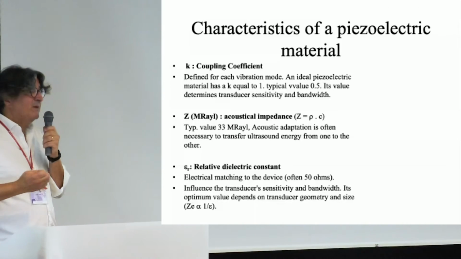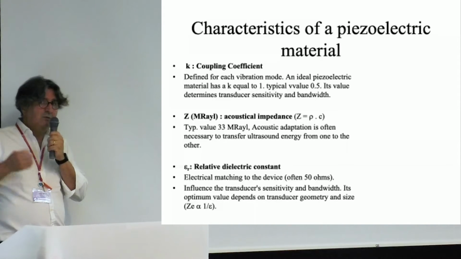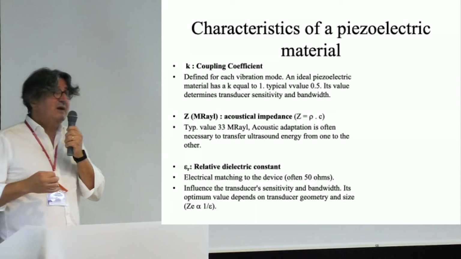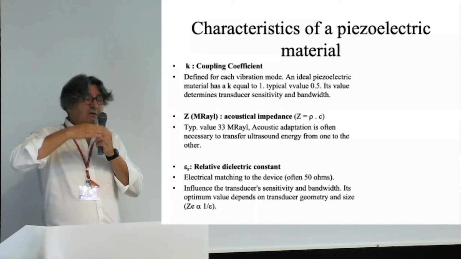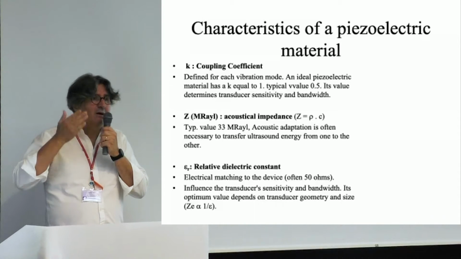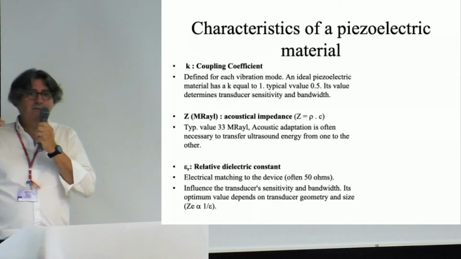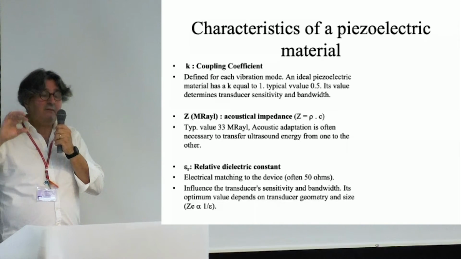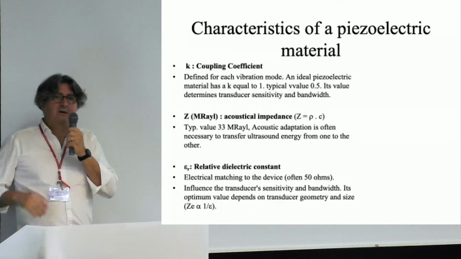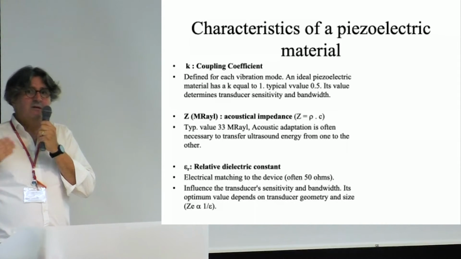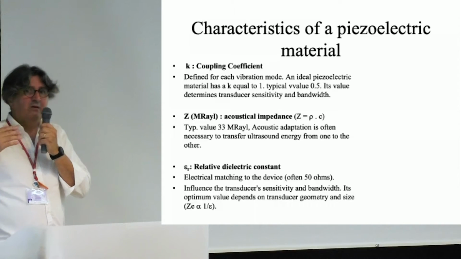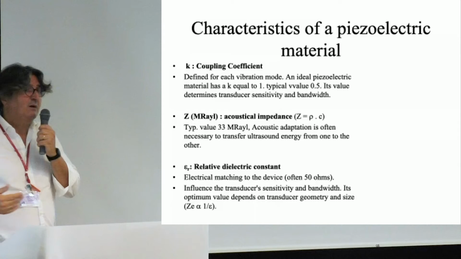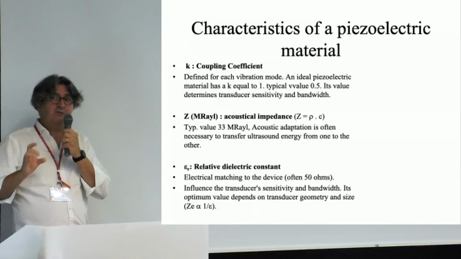And finally, there is also an electric criterion, which is the dielectric constant. The dielectric constant, as I said before, ceramic materials are dielectrics, so they are insulators. If they are insulators, it means that the capacitance of this insulator will depend on epsilon and will depend on the geometry of your transducer.